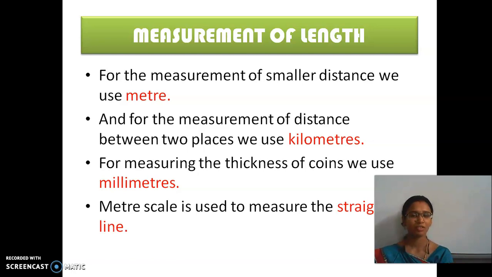In this measurement we use meter for measuring smaller distances, for example the length of the room.